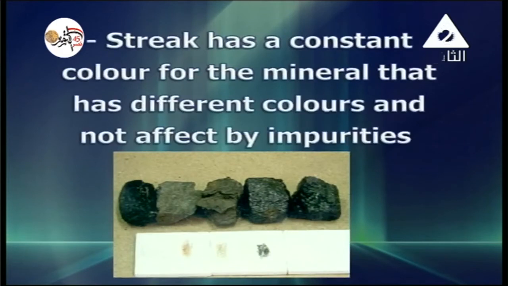The streak has a constant color for the minerals that have different colors and is not affected by impurities. So streak is very important to define the real color of the minerals. They have the same streak color, while they can have different colors according to the impurities.